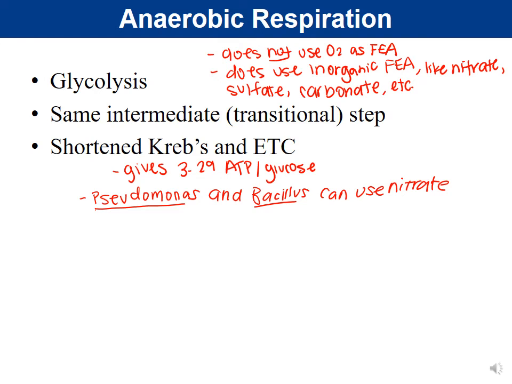It did not just produce the nitrite, but it fully reduced it and produced gas in the Durham tube, which then the nitrogen gases were produced. So the atmospheric nitrogen, so either N2, nitric oxide, nitrous oxide, etc., could be produced. And so those are some examples of organisms that can do anaerobic respiration.